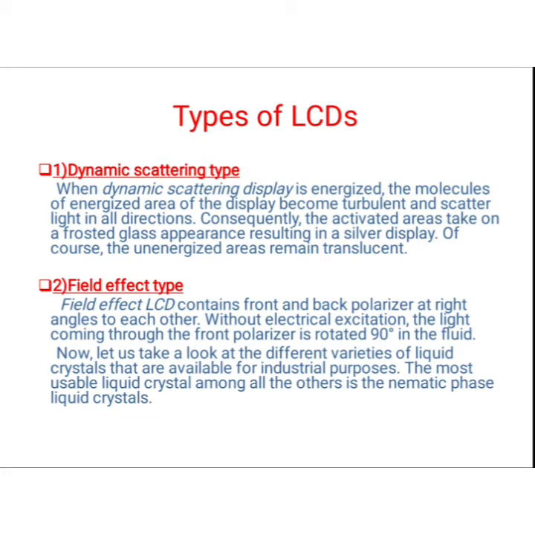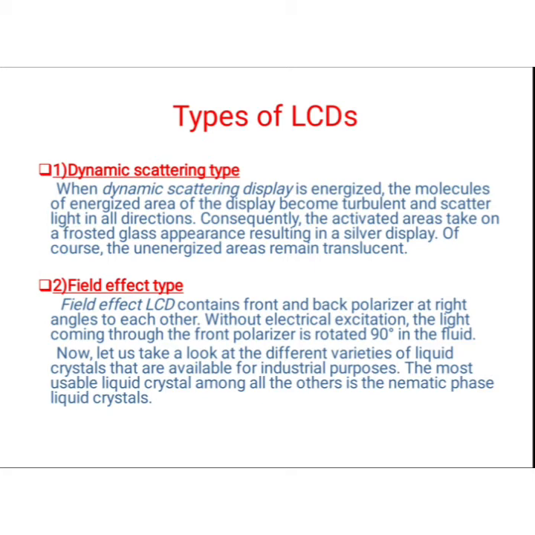If the liquid is not activated, it won't show any brightness. So like that we can understand how the light is scattered in a particular cell. This method is called dynamic scattering.